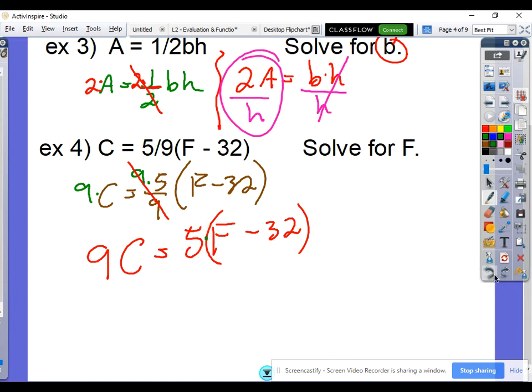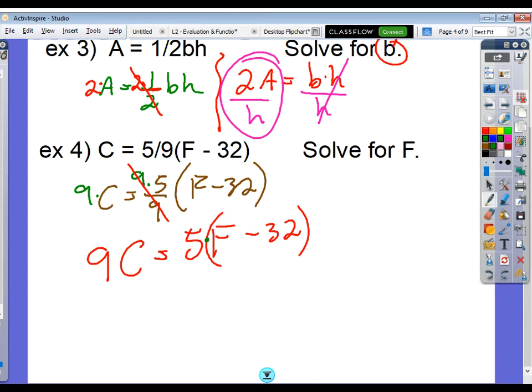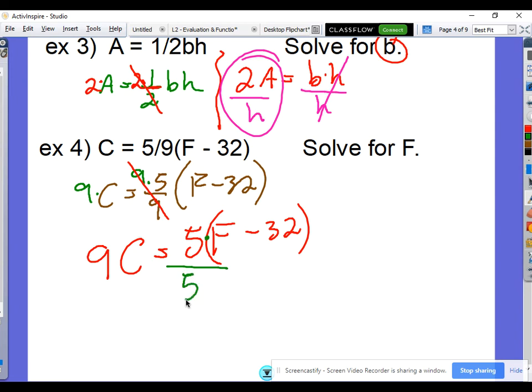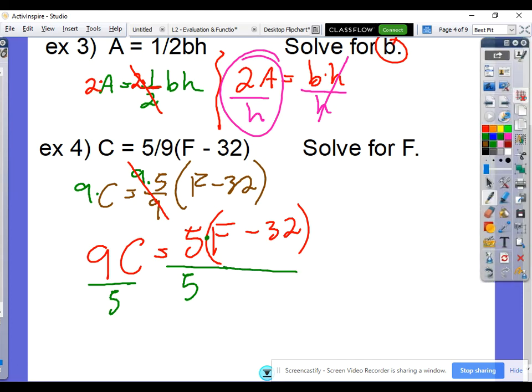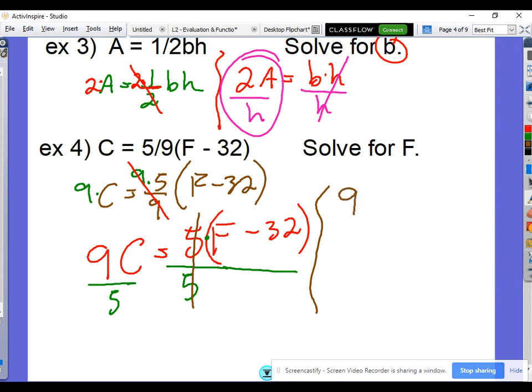That's multiplication. So what's the opposite of multiplication? Division. So we could divide by 5 on both sides. Technically, you're dividing that whole thing by 5, right? So if you do that, the 5's cancel out. My new equation is 9c divided by 5 all equals f minus 32.